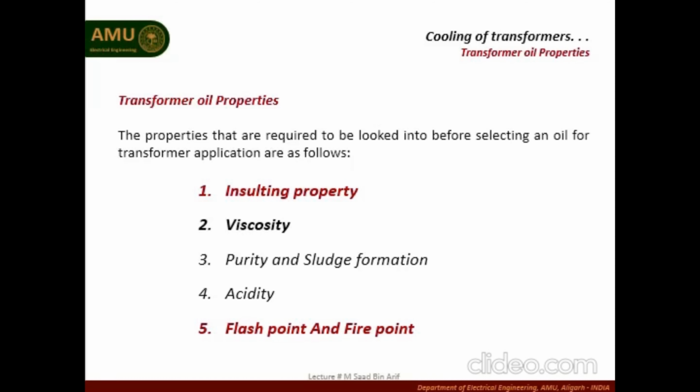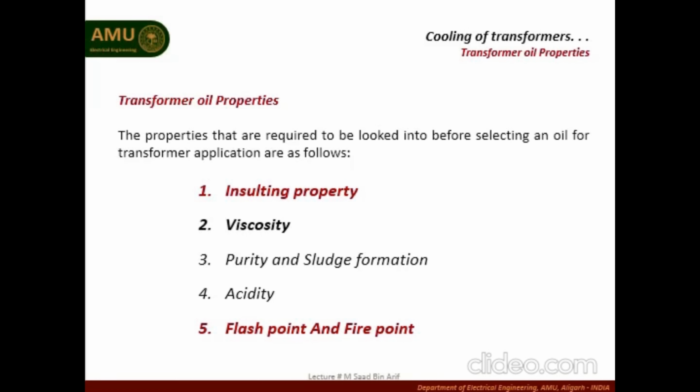Insulation property is one of the most important properties, and that property decides the withstand voltage of the transformer. Viscosity will decide how easily the transformer oil can reach the conductors in different points in the transformer, and will be able to extract more and more heat. Purity and sludge formation will decide how long the transformer oil can be used.